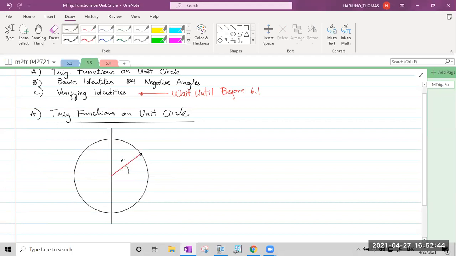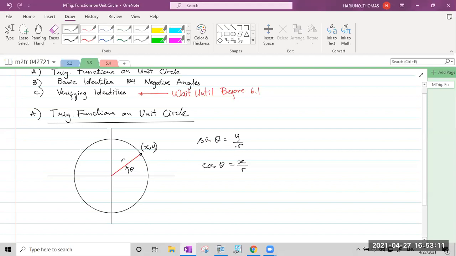This is angle theta, and the coordinate here is x, y. So sine theta is equal to y over r. Cosine theta is x over r. Is that right? That's what we learned before. This is not a unit circle because the radius is not 1.